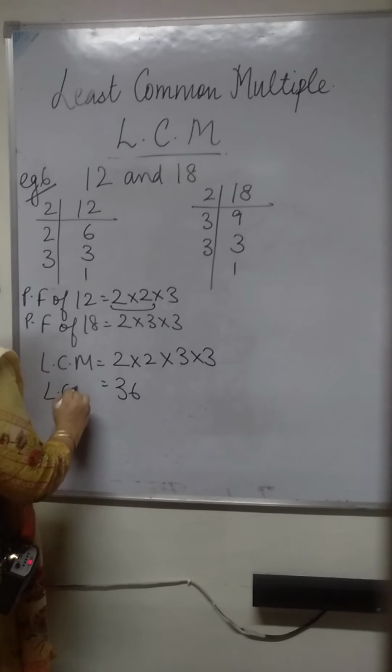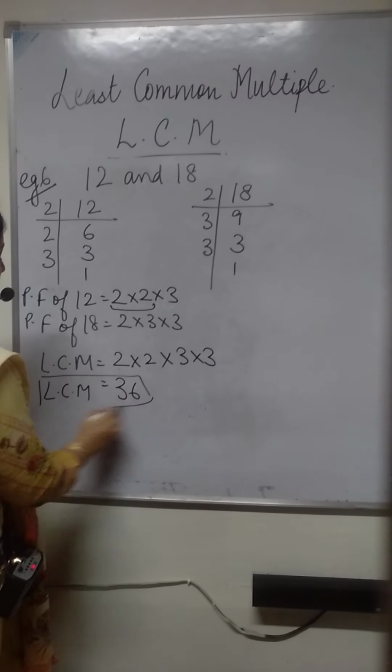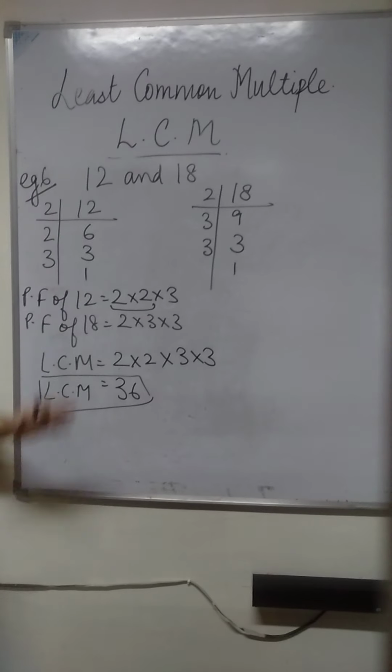So this was a method wherein we have taken the prime factorization of the two numbers separately. So children, we have done 3 methods to find the least common multiple. First one is the prime factorization method. Second, we did for smaller numbers wherein we find the multiples and write down, the first common multiple will be the LCM.